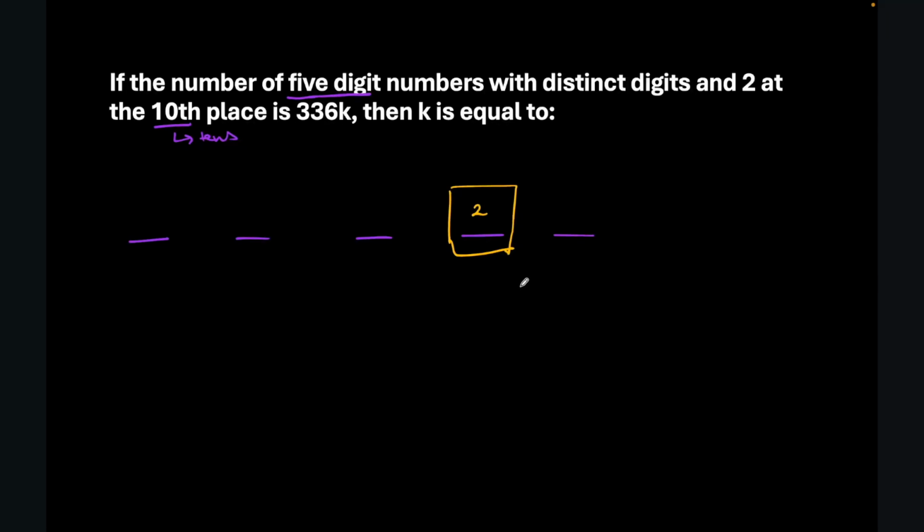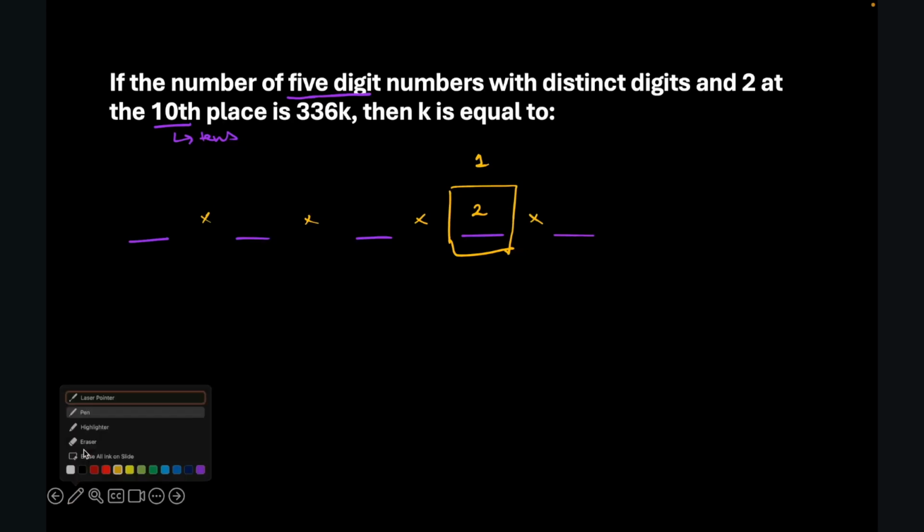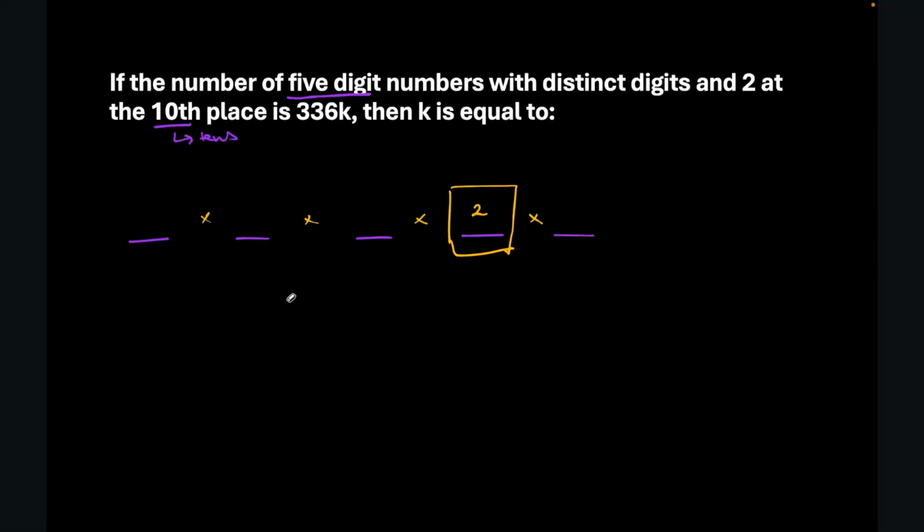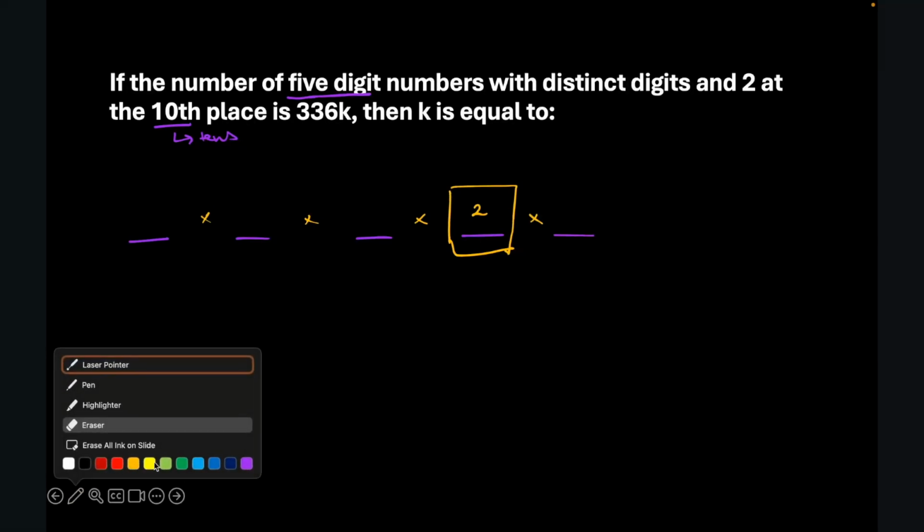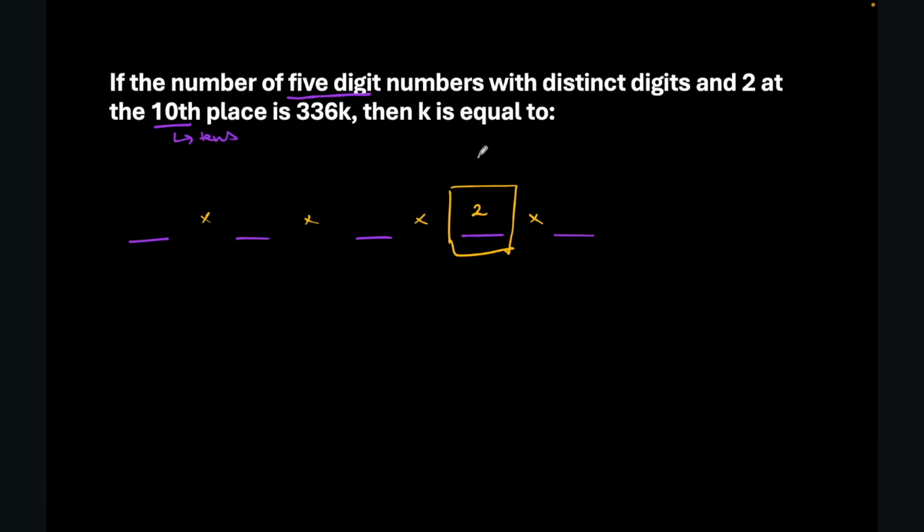What other options do we have now? Again, I'm going to be multiplying them. So this is 1 right here. Let me take green. Now, how many other options do I have? Already 1 is taken, and it's distinct digits, so there's no repetition.